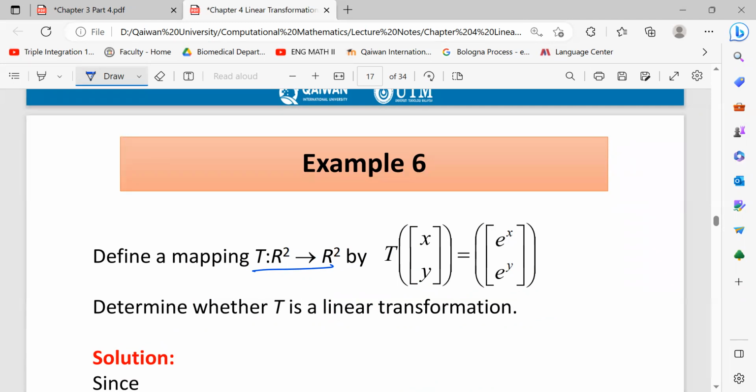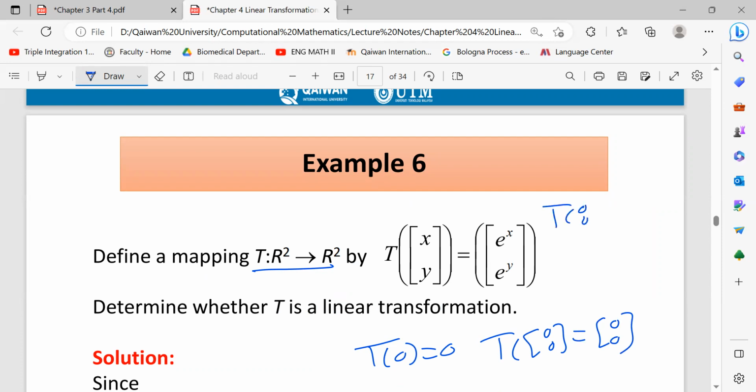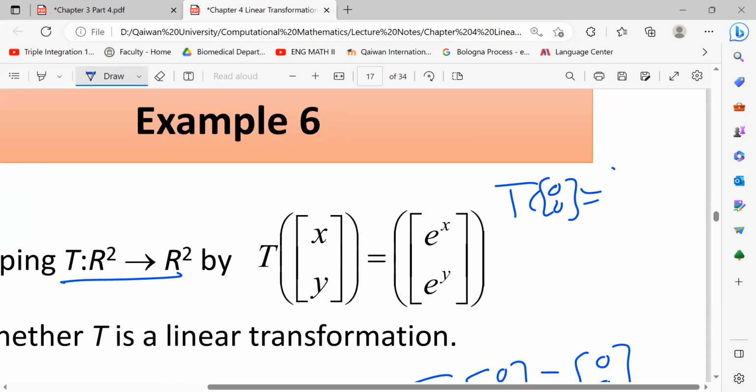In the properties, T of 0 must equal 0. That means if we pick a zero vector, we must get the zero vector. So here T of 0, 0 must equal 0, 0. Let's see if this holds. What's T of 0, 0 here? It is e to the power 0 and e to the power 0.